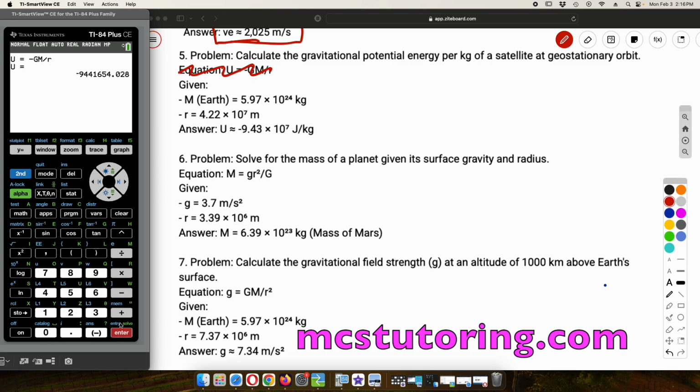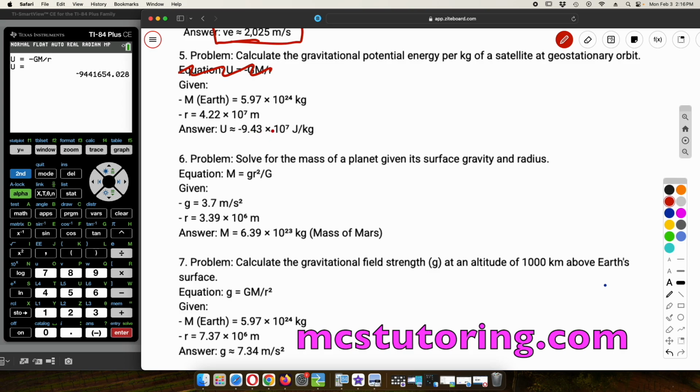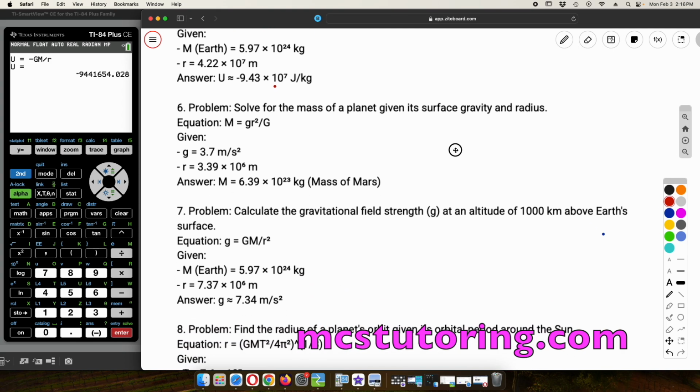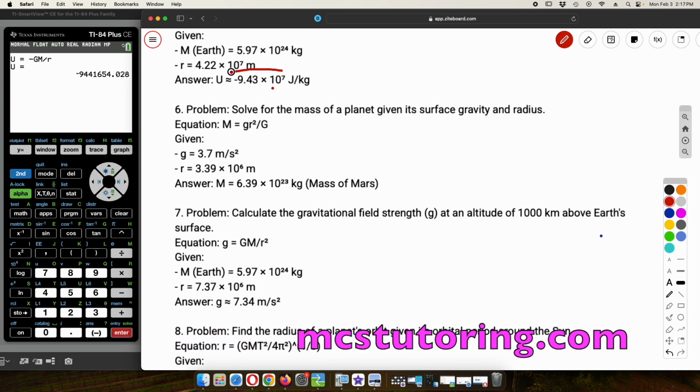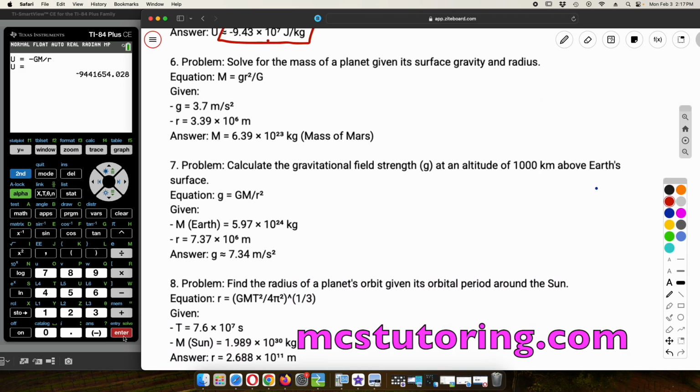There we go, and they get negative. It's joules per kilogram, so I don't know how this works out, but it's approximately, I remember I said one of the themes today is going to be approximate. So we're going to say we're right. Not to be arrogant, but I'm just saying it's close enough, right?